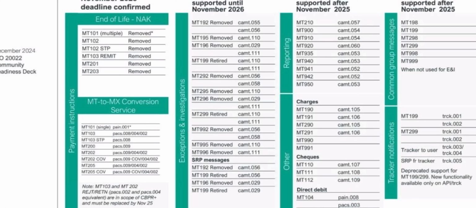As per the compliance informed by SWIFT, by November 2025 these messages are removed: MT101 multiple, MT102, MT102 STP, MT103 REMIT, MT201, and MT203.